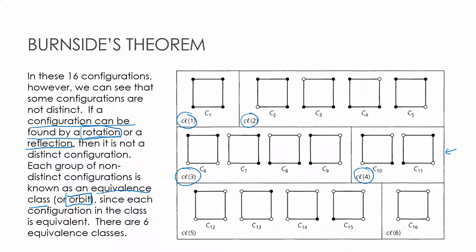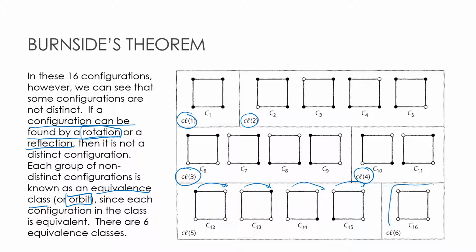So this guy is separate because I've got catty corners, and then kind of like this guy up here, I've got these guys down here, which is 2 whites, 2 blacks, 3 whites, 1 black, and again, just by rotating one to the right, I can end up with the next configuration.